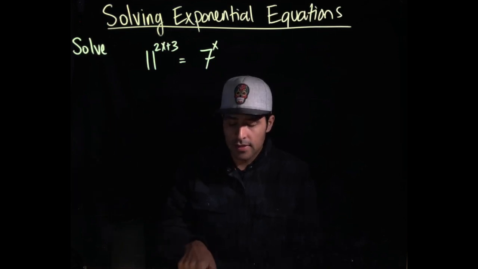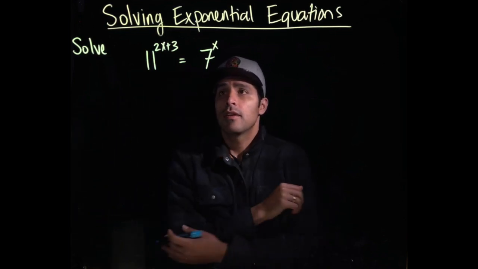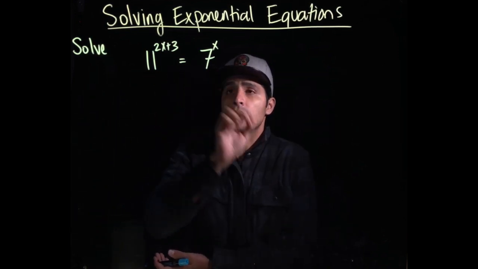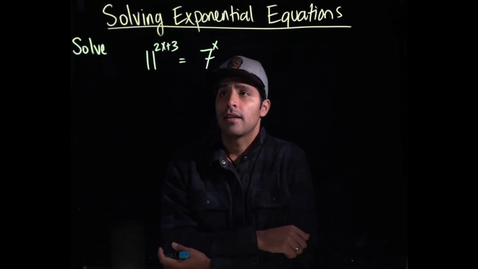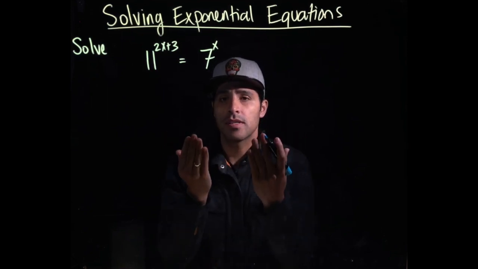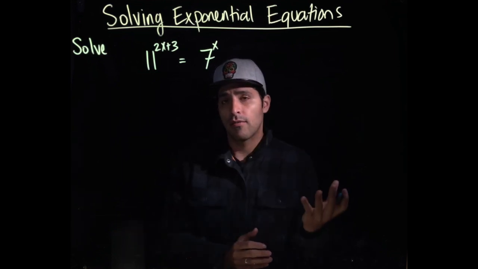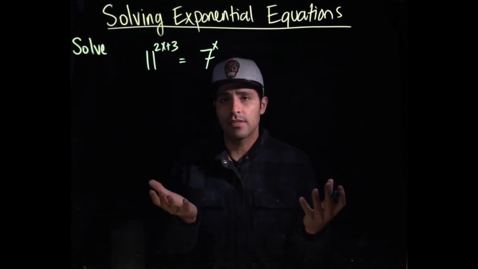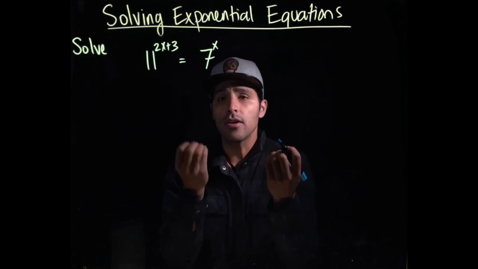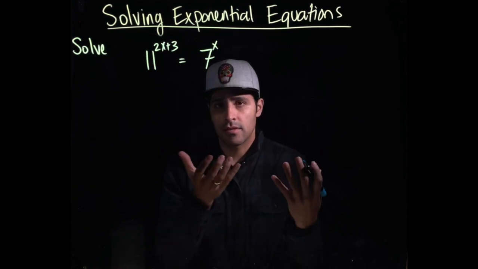So in this case, we do want to start off. Notice that both of these are equal to themselves. And if two expressions are equal, and you take the natural log of one side and the natural log of the other side, since they're equal, the natural logs of them are also equal.